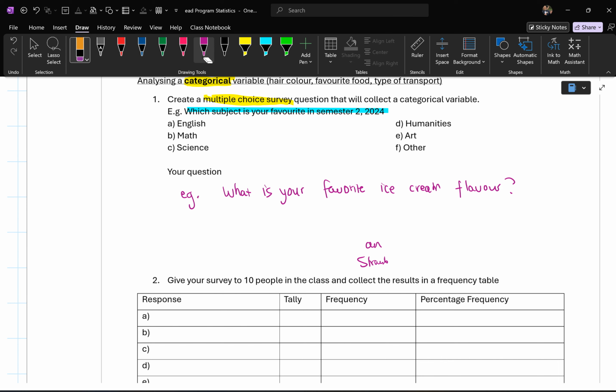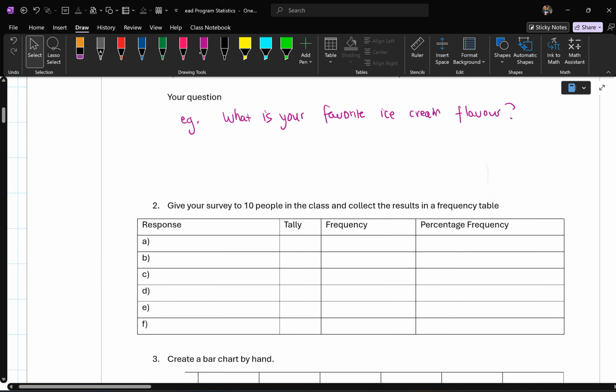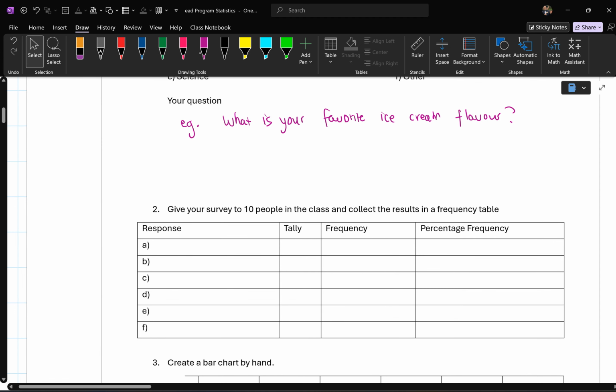Once you've got your question and you've decided how you're going to collect the data, you can then give it to 10 people, maybe 10 people in your classroom. You can put names, or you can call them person 1 or person A, person B, person C, person D. It's up to you how you want to label it.